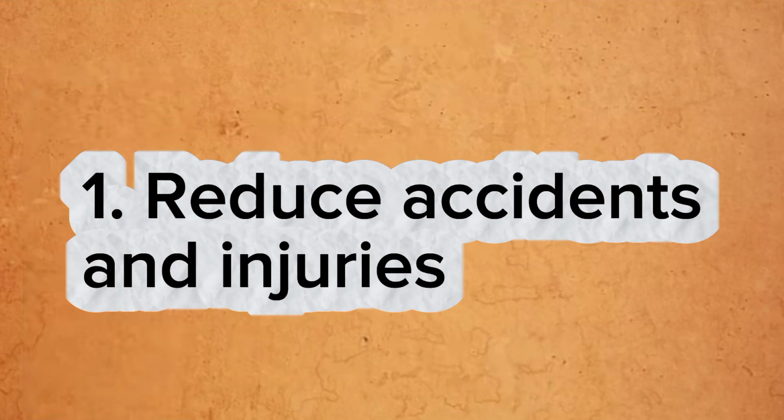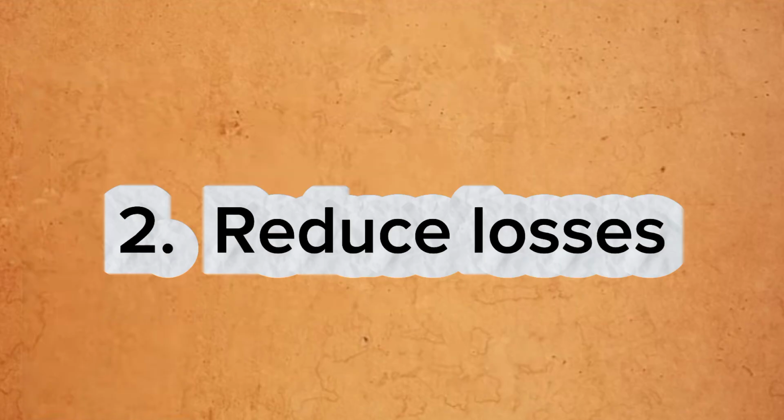This in turn helps to protect yourself and others from injuries. Then we have reducing losses that would arise from damaging laboratory equipment. Observing the safety measures also reduces losses that would arise from the damage of laboratory equipment.